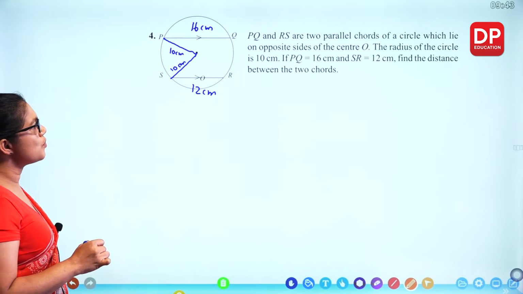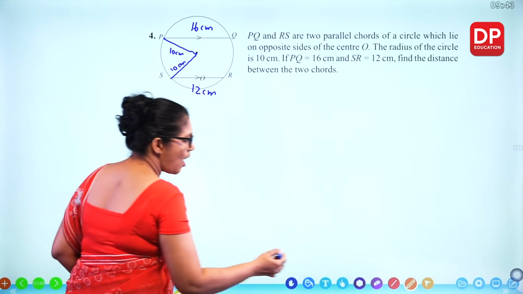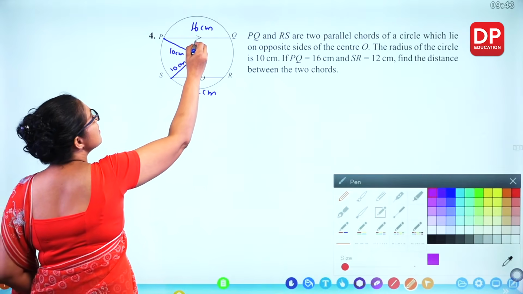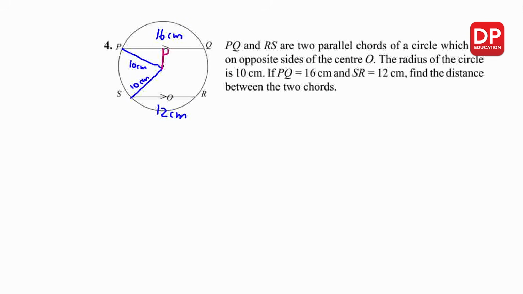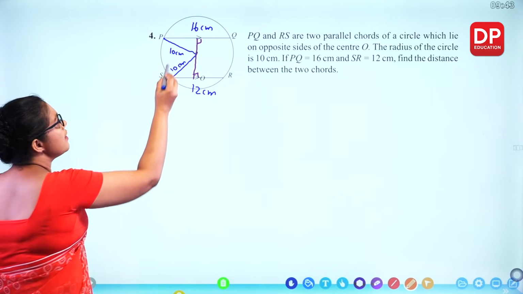Find the distance between the two chords. Here you are asked to find the perpendicular height, this height and this height. What can you say about this?